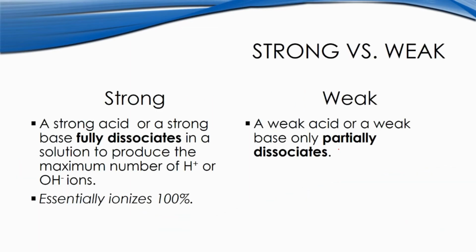Let's get started. We have such a thing as strong and weak acids and bases. Here on screen, you have the definitions for what strong constitutes and what weak represents. Now, the big idea here is that whenever we take our acids or our bases and we put them in water, there will be a reaction that we call dissociating, meaning the individual acids or bases would, in a way, break apart.